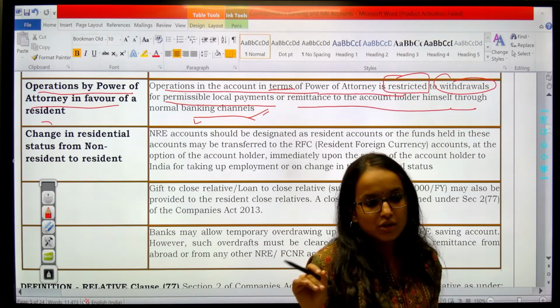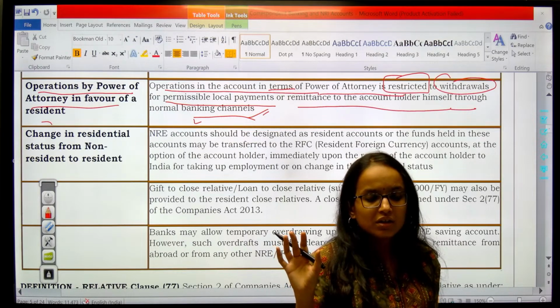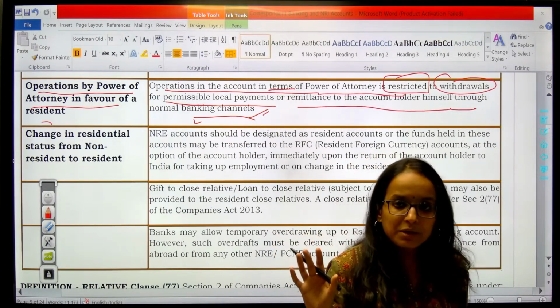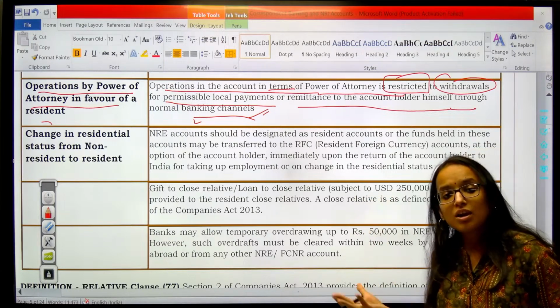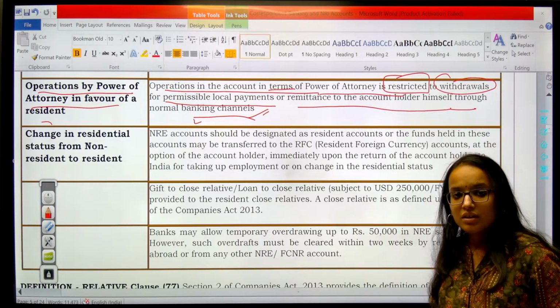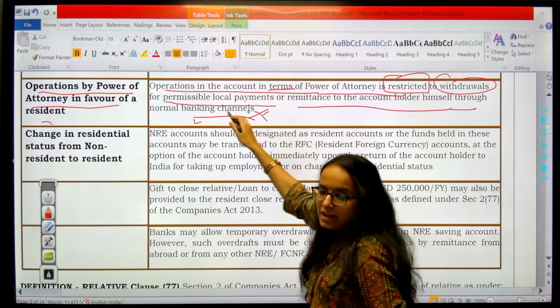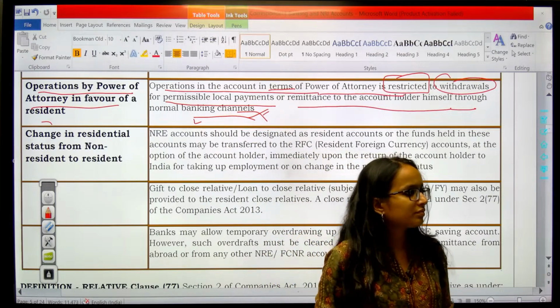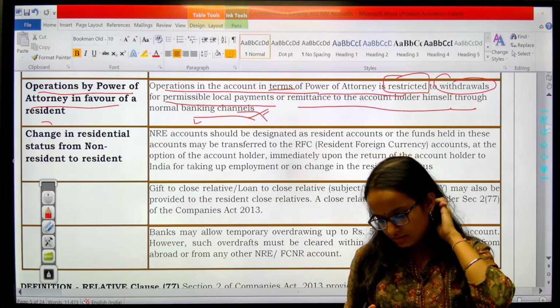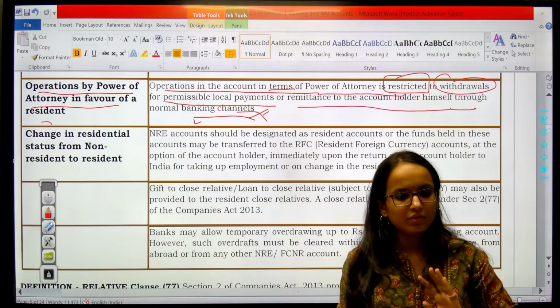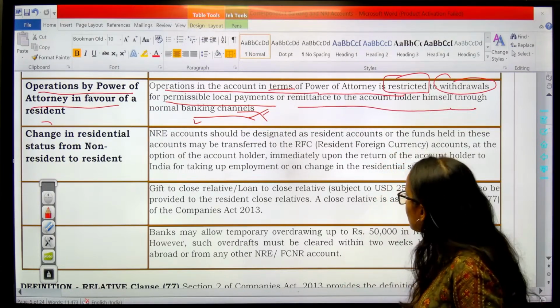Or you can send these funds as remittances to the original account holder only, through your normal banking channels. Right? So this is the thing.